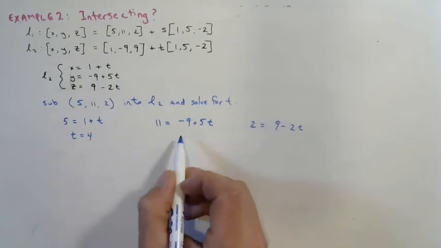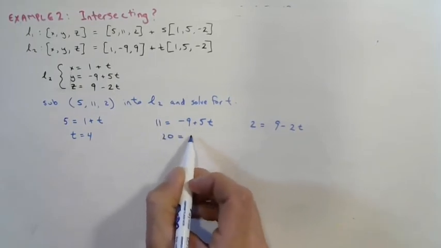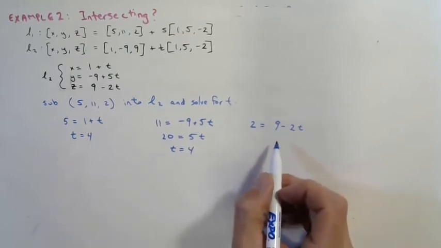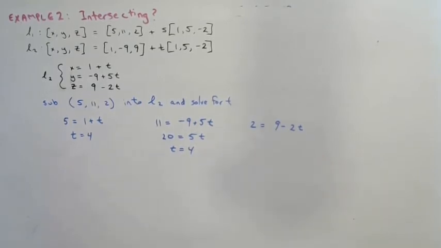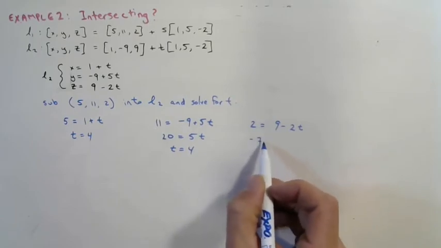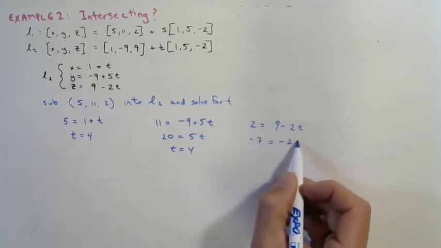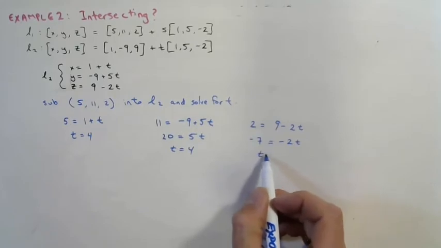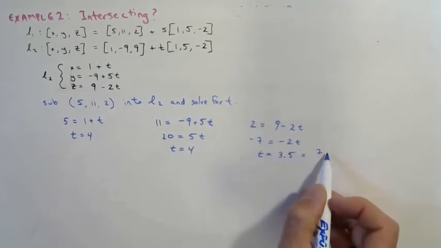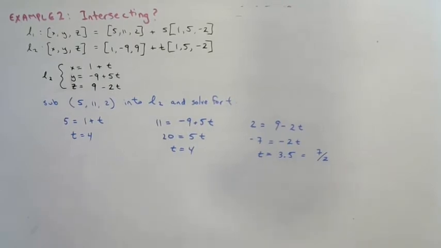Here we add 9 to both sides and divide both sides by 5, t equals 4. Here we subtract 9 from both sides, I get negative 7 equals negative 2t. Divided by negative 2, we get t equals 3.5, or 7 over 2.